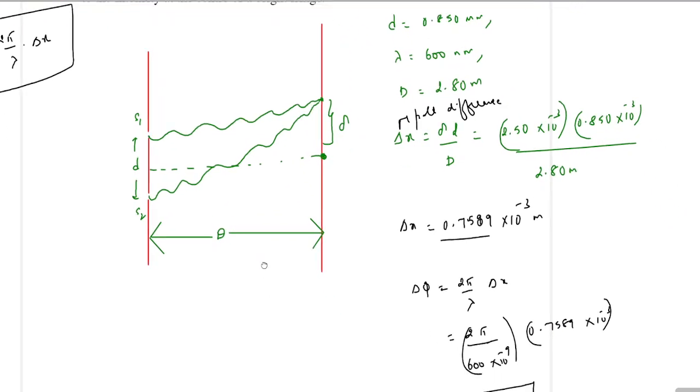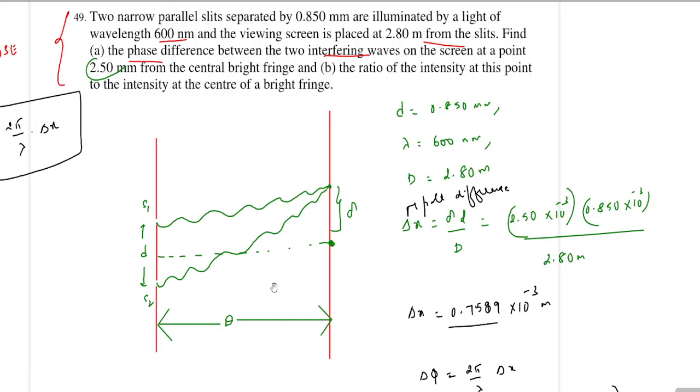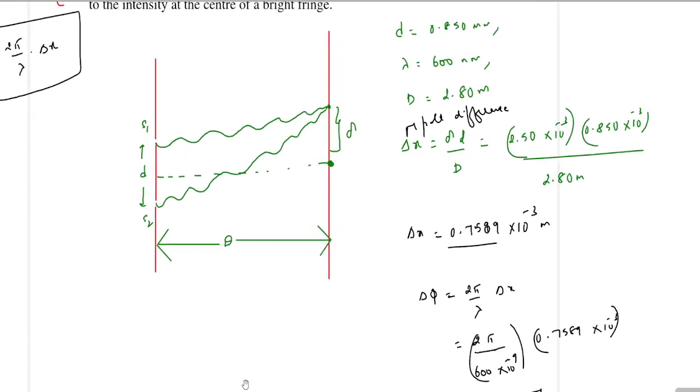Second part says, find the ratio of intensity at this point to intensity at the central bright fringe. Now at this point we may get some kind of intensity. This could be bright or dark also, but the center is always bright. Since the two waves come from the same source S, the intensity of these two will be the same.